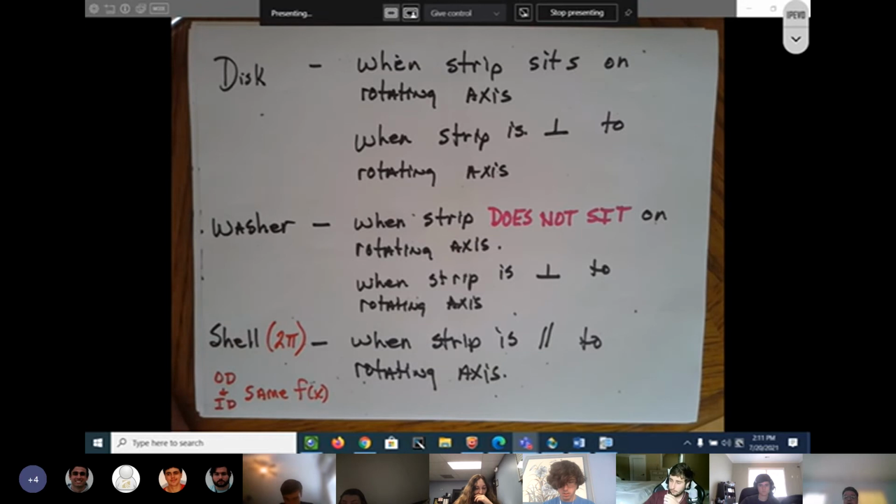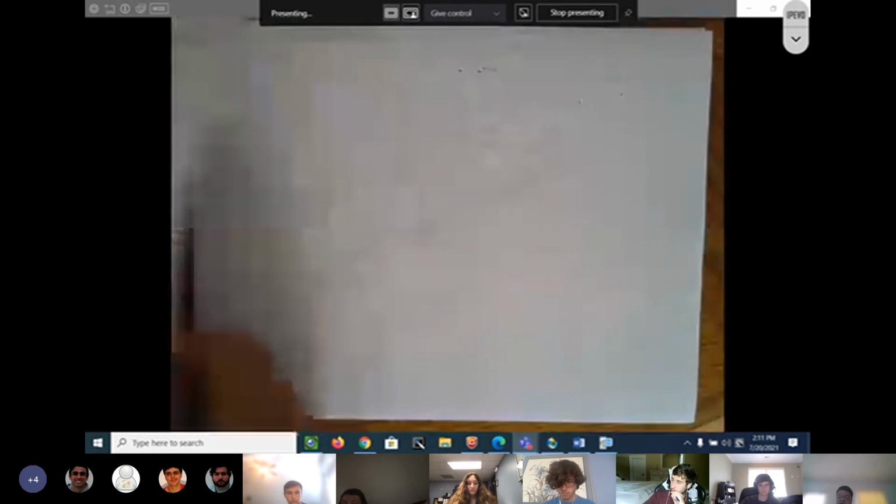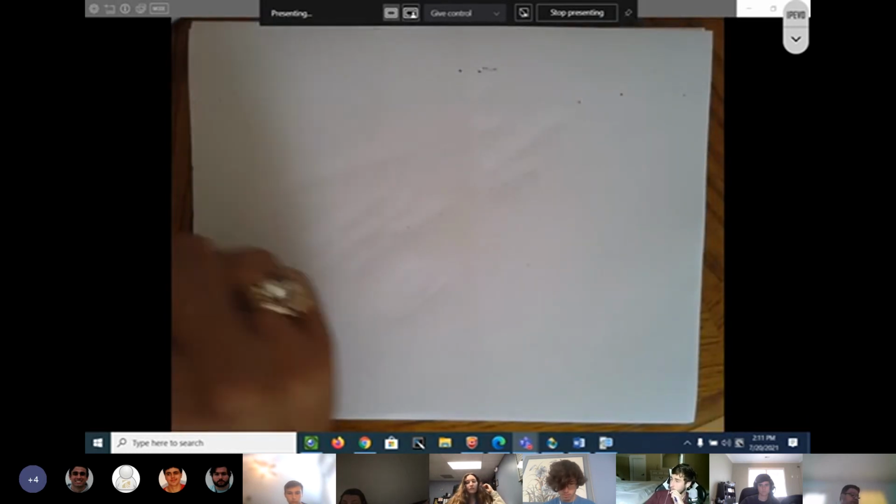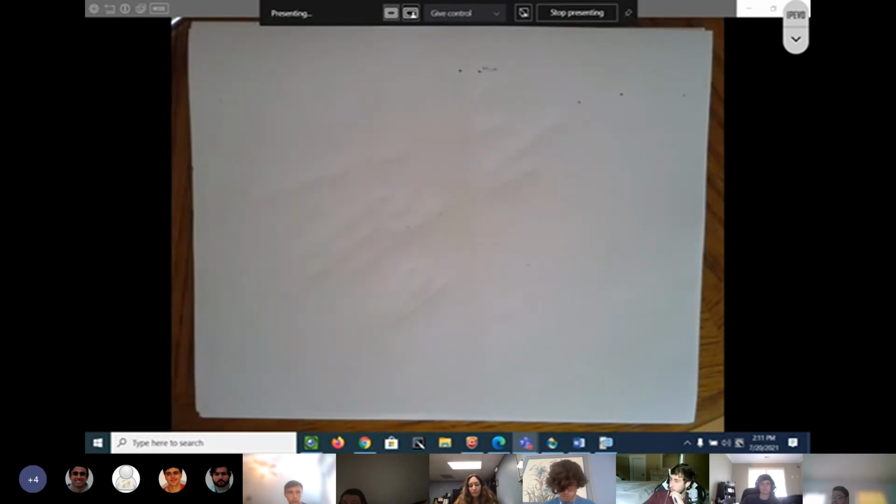Okay. Now, another good way to tell if you're using the shell method is if you have a function, and usually most of your functions with the shell are going to look about the same.